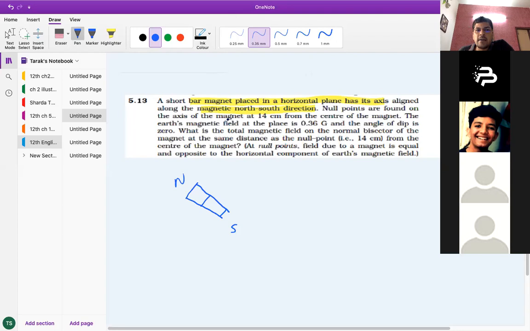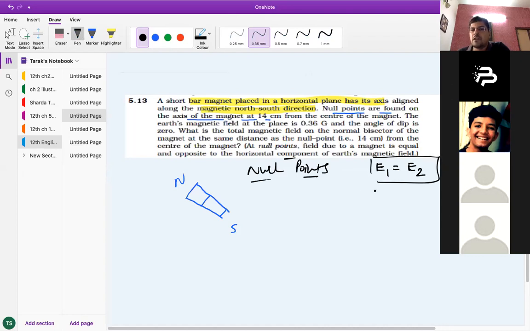We have to see that the null points are found on the axis of the magnetic needle at a point 14 centimeter. I mean, null point નો meaning શું થાય? તો તમને નીચે એક definition આપી છે, પણ null point નો meaning એવો કરવાનો. In the electric field, all these electric field lines are equal.